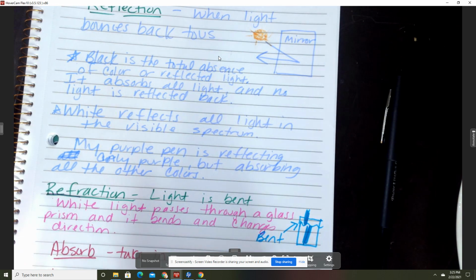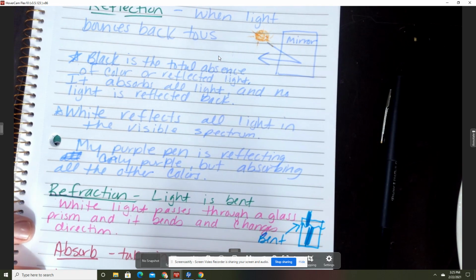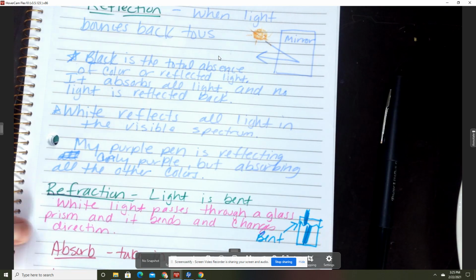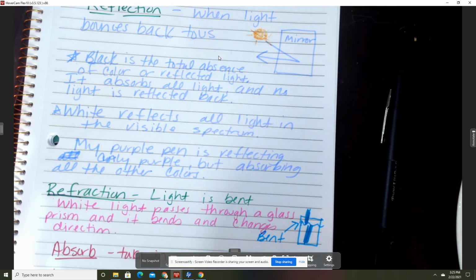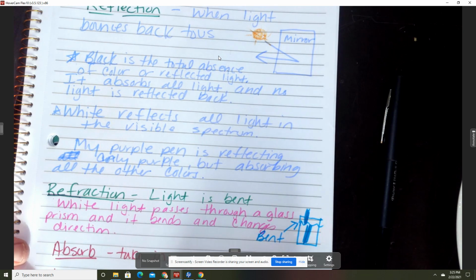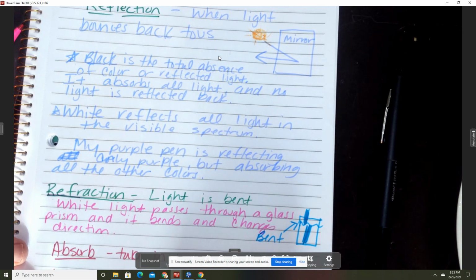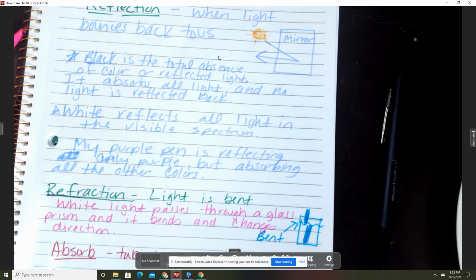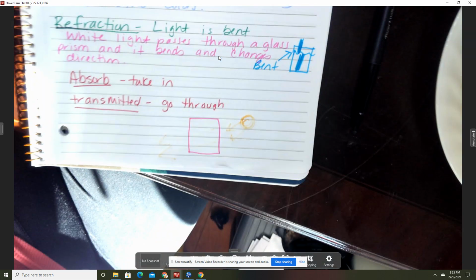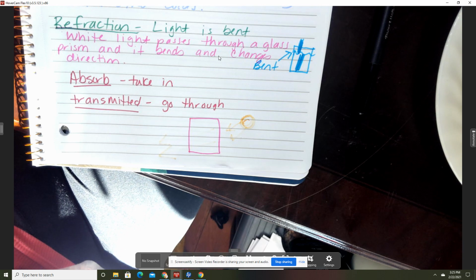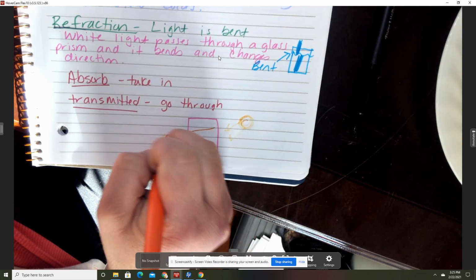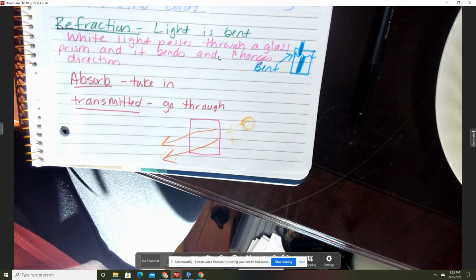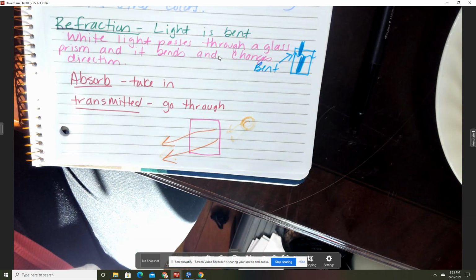Let's see, I can draw. So here's my glass, and then the sun is outside, shining bright, and it just goes through. All right. Oh, well, you can't see it though. My yellow marker. All right. That is transmitted. It just goes right through.